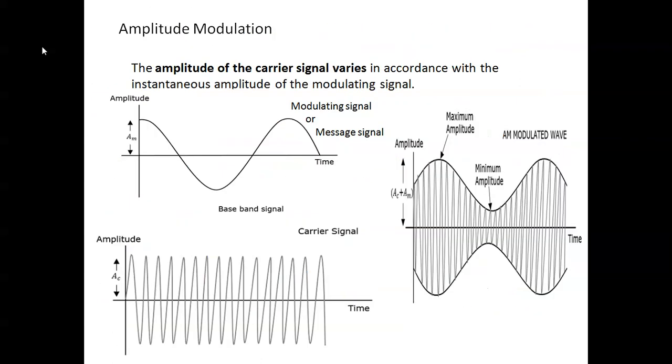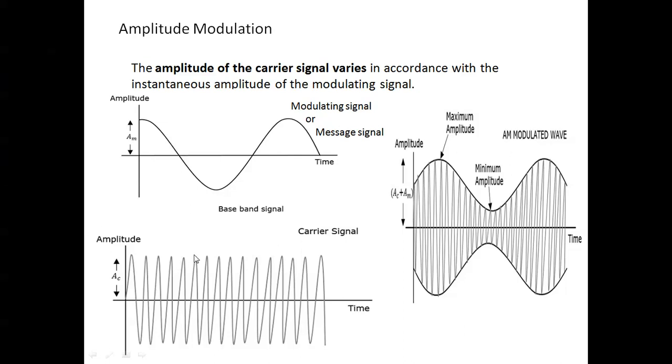Now we are going to see what amplitude modulation is. In amplitude modulation, the amplitude of the carrier signal varies in accordance with the instantaneous amplitude of the modulating signal. See the diagram.